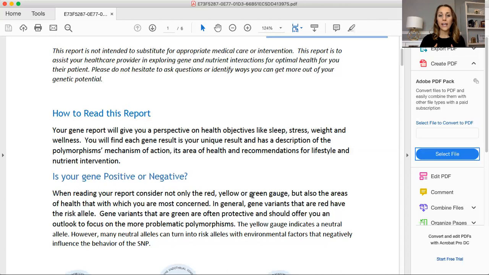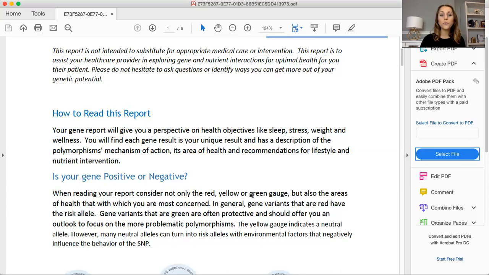Each gene is the unique result of the patient. We'll also give a description of the polymorphism, which is the variation of that gene the patient has, the mechanism of action, its area of health, and the recommendations for lifestyle and nutrient intervention.